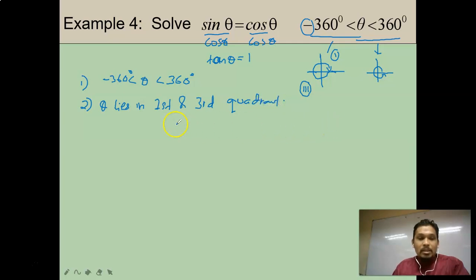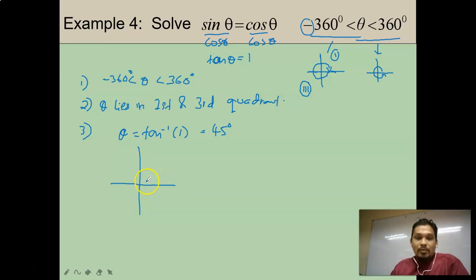Then next is find the basic angle. Basic angle theta equal to arctangent of 1 equal to 45 degree. Now theta lies in the first and the third quadrant, 45 here and also 45 here.